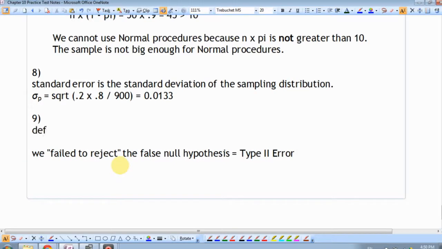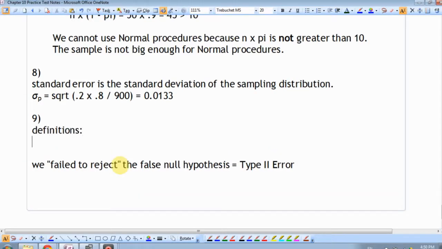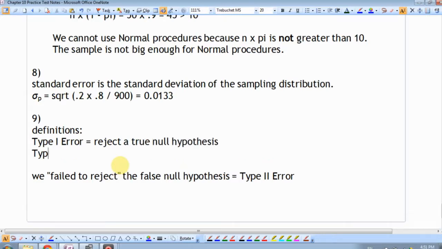Definitions. Type 1? So it just wants us to identify what type it was? Yep. This is the type. Type 2, yeah. Reject a true null hypothesis. Type 2 error.